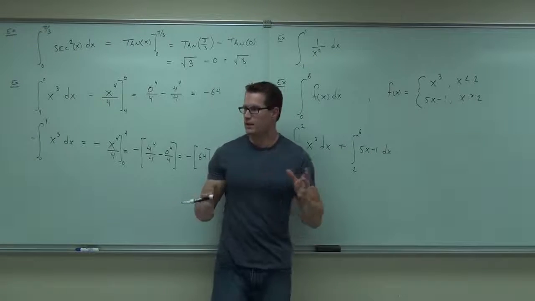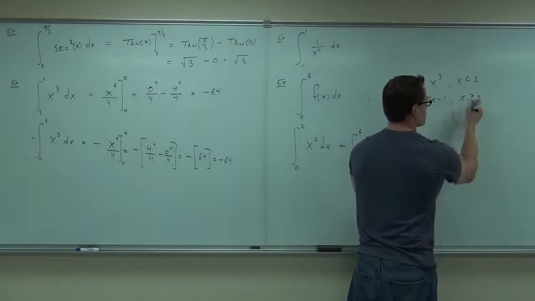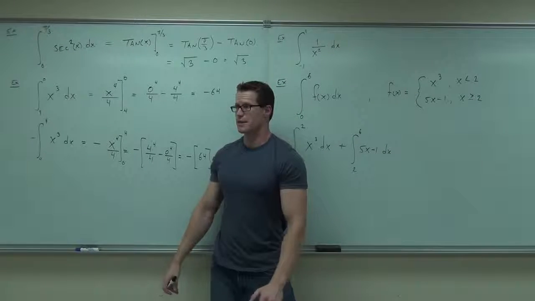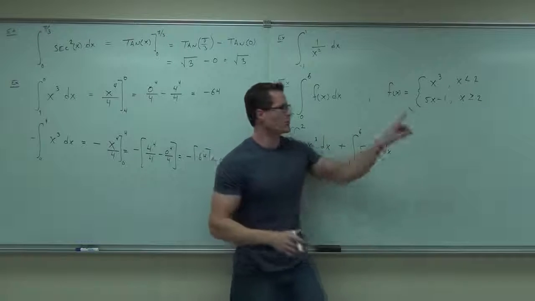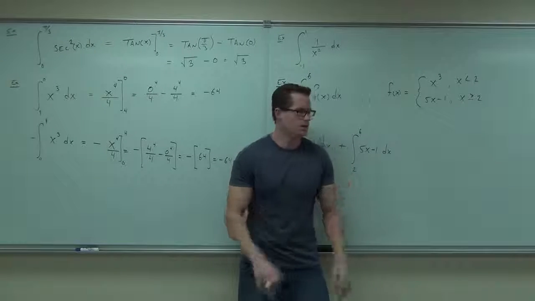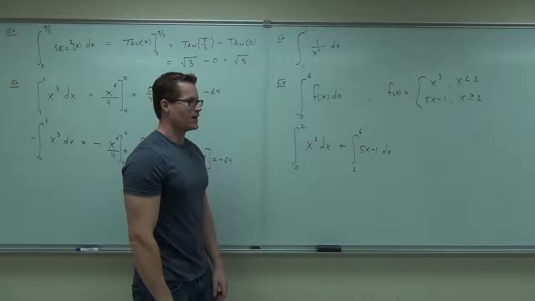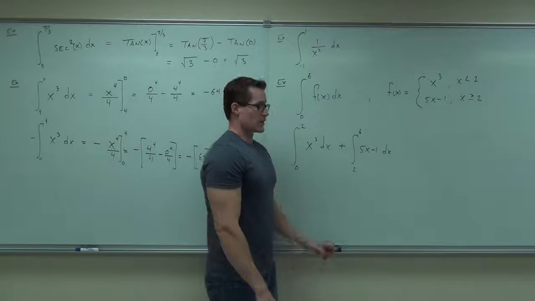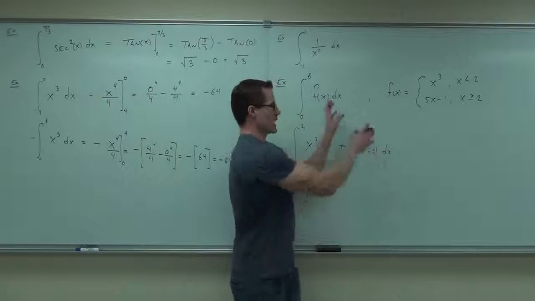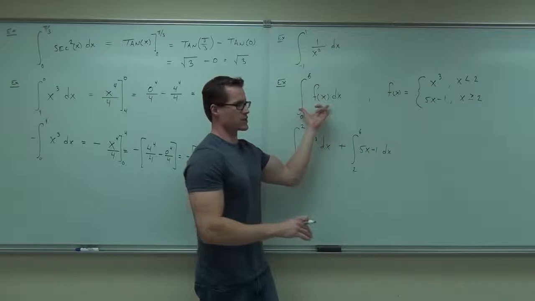Now, in practicality, if you add those areas, it's going to be the same. You just can't do this if you don't have that. That's the point. Legally speaking, you can't do it. Theoretically, it would make no difference. Practically, this area plus this area will equal this area.